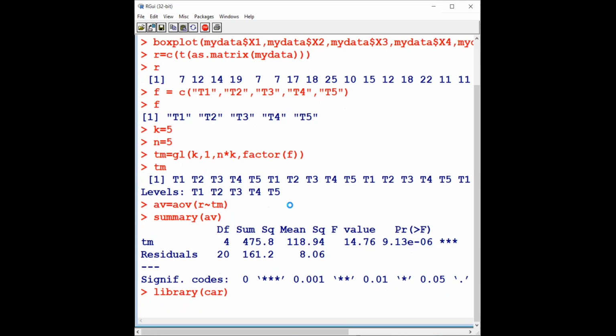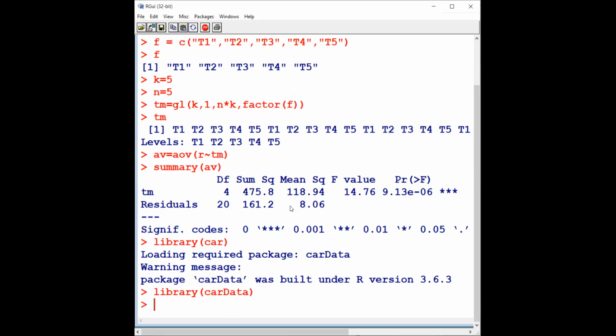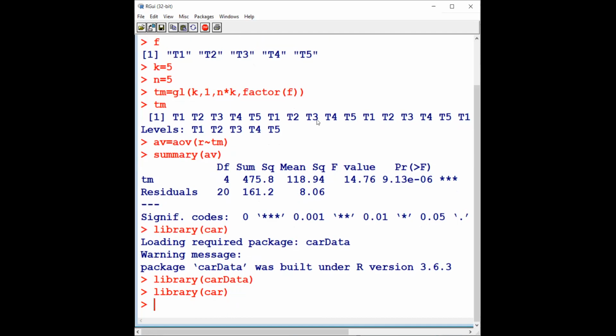It will take some time. And we want package carData as well. So we have to install these two packages.